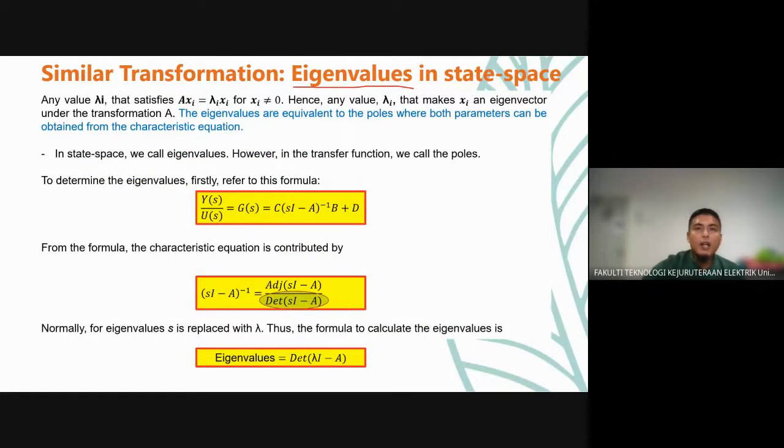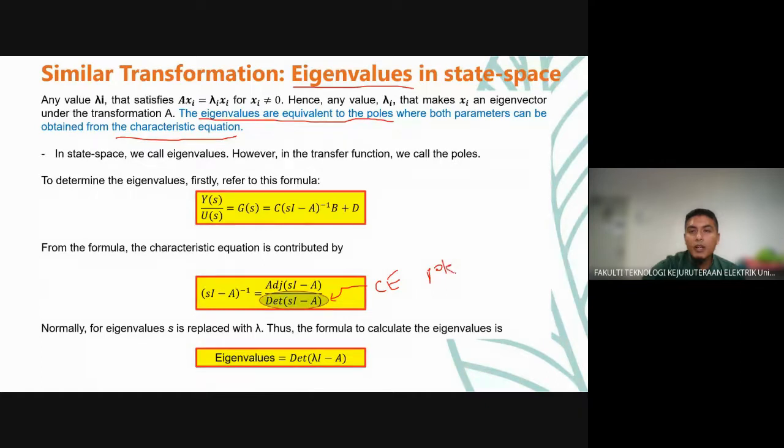I can conclude that the eigenvalues are equivalent to the poles, where both parameters can be obtained from the characteristic equation. When I reviewed the previous class, I told you that the characteristic equation is from the determinant of sI minus A. So from the determinant of sI minus A, you can obtain the poles.